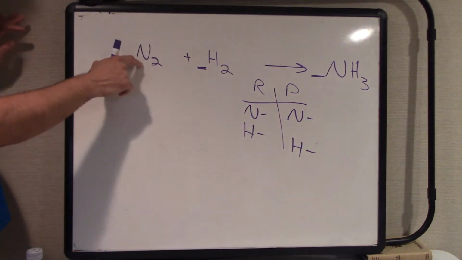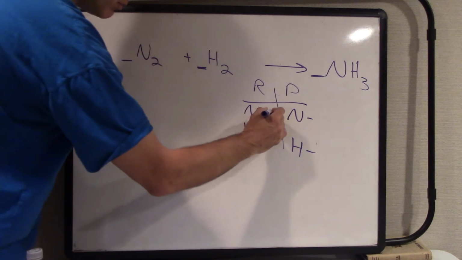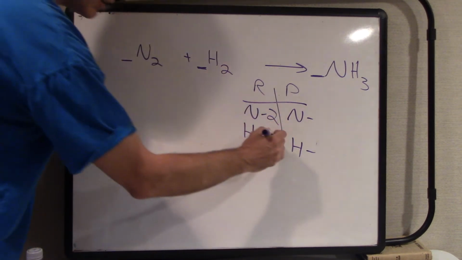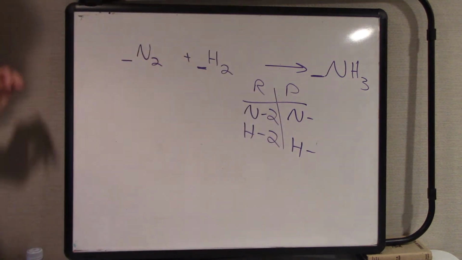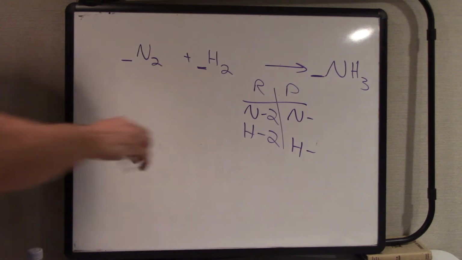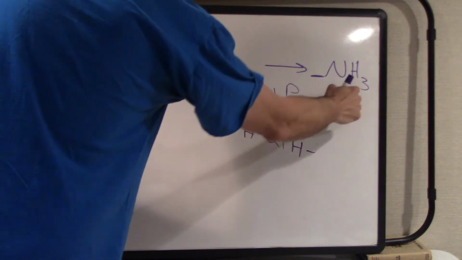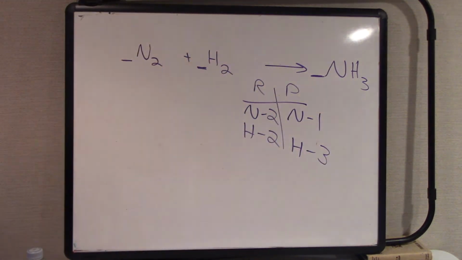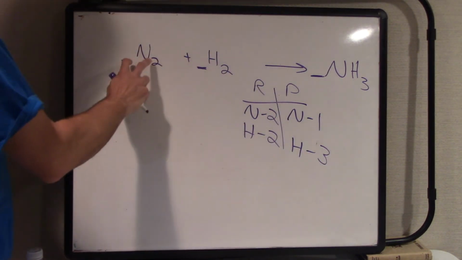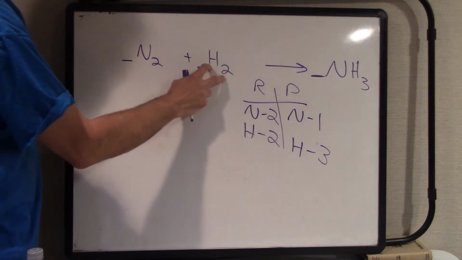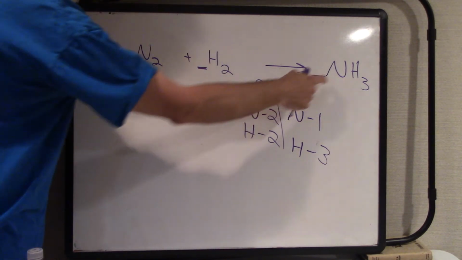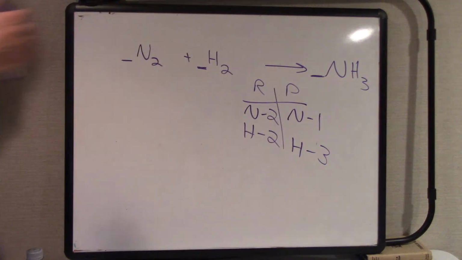On the reactant side, I have 2 nitrogens and 2 hydrogens. On the product side, 1 nitrogen, 3 hydrogens. So if we quickly recount, reactant side, 2 nitrogens, 2 hydrogens. Product side, 1 nitrogen, 3 hydrogens. Again, we can see we're not balanced.